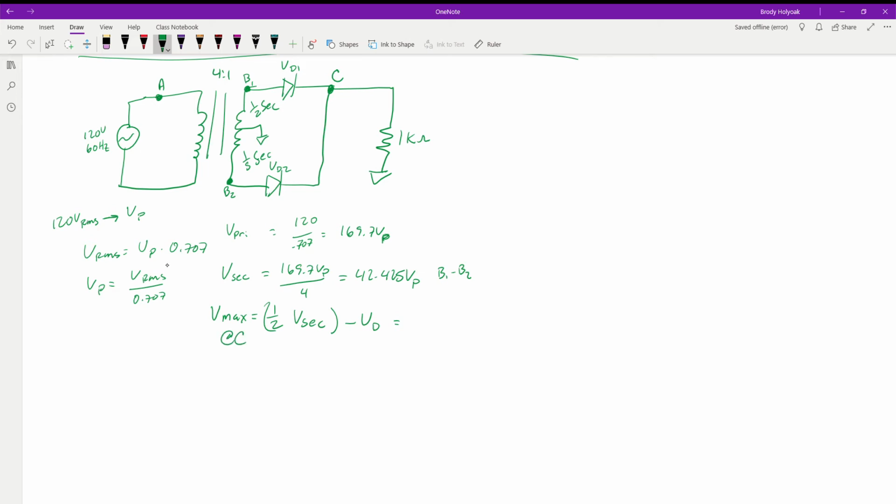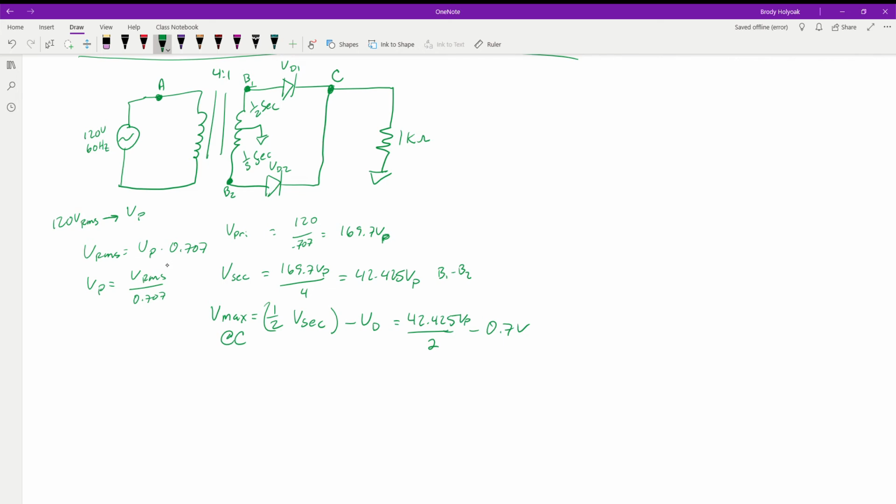So we have the 42.425, we divide that by 2. That's going to give us a total of 21. So yeah, 42.425 volts peak. Divide that in half.